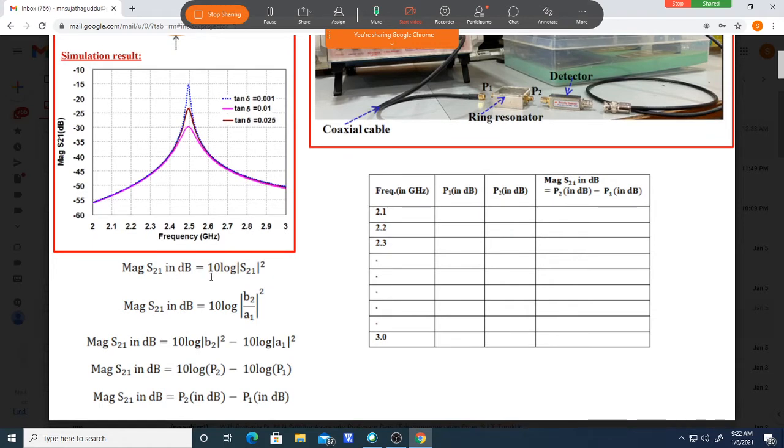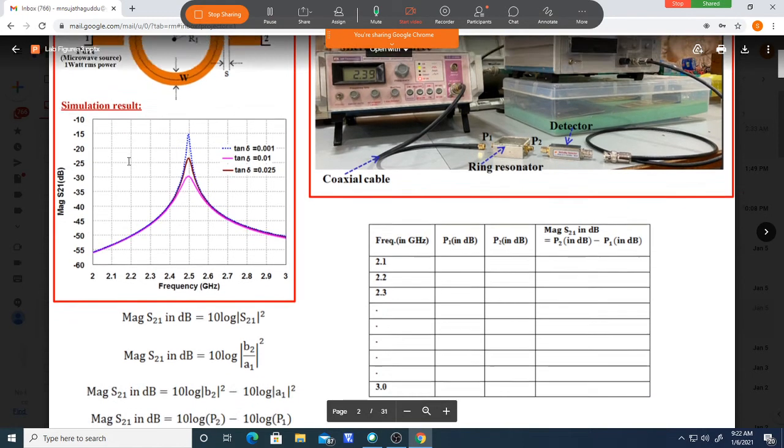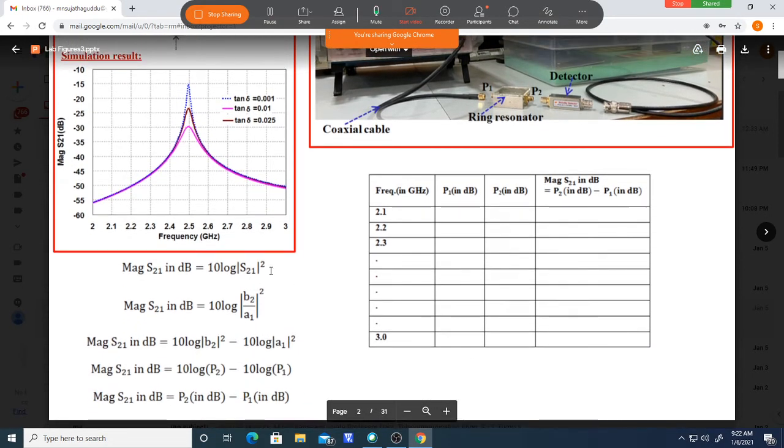S21 in dB is 10 log of S21. What is S21? It is the ratio B2 by A1. B2 is the power coming out of this port, and this is A1, so B2 by A1 is S21.